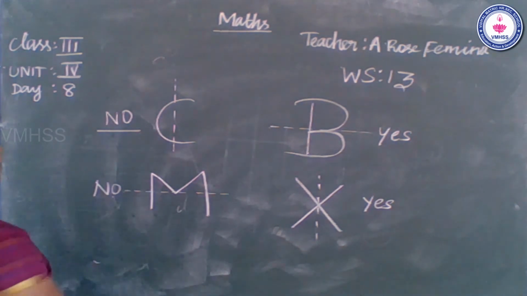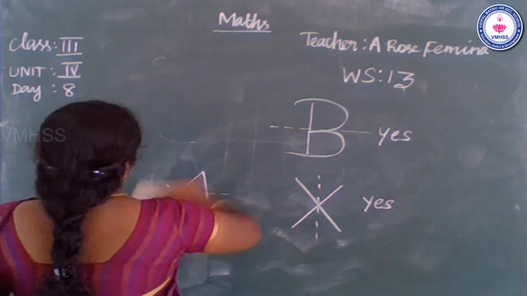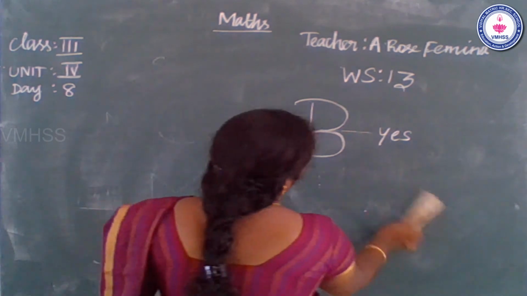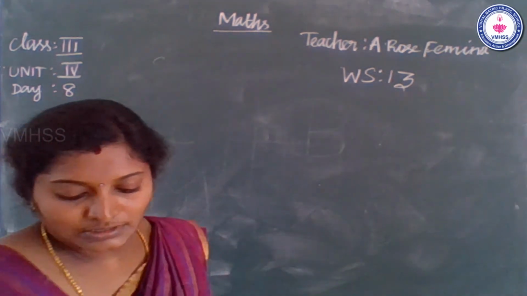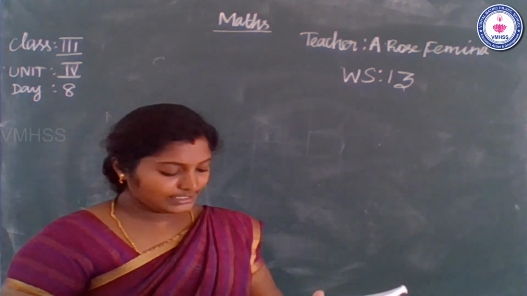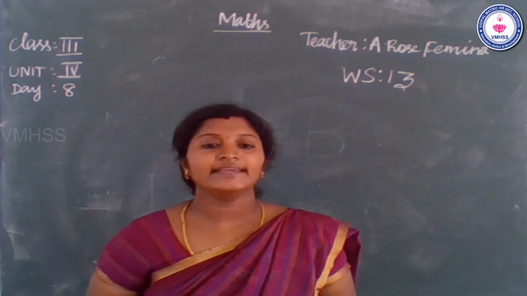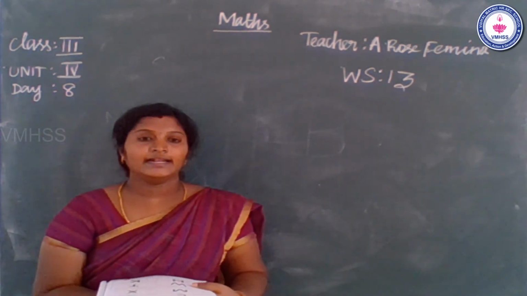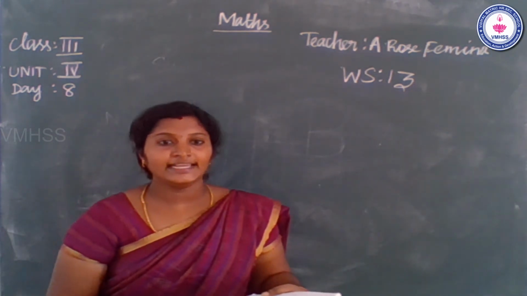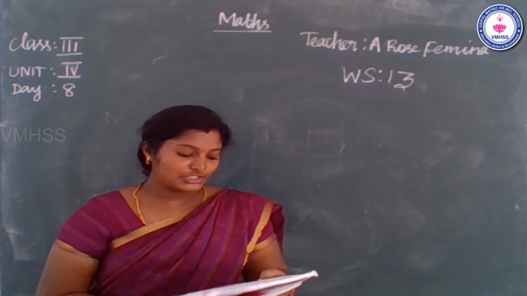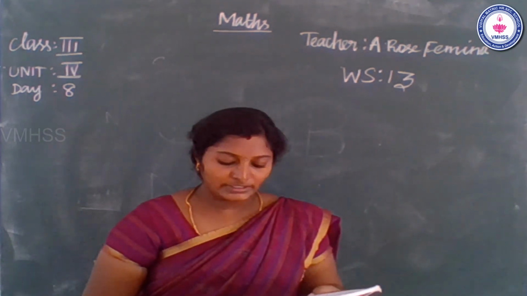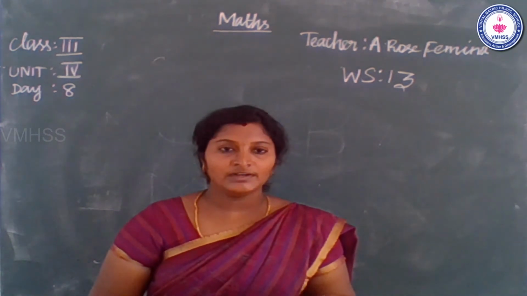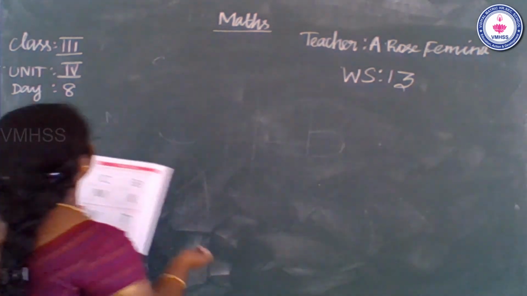Okay, students, next one. Take page number 88. Draw and write the number of lines of symmetry for the letters given below. What is the question?